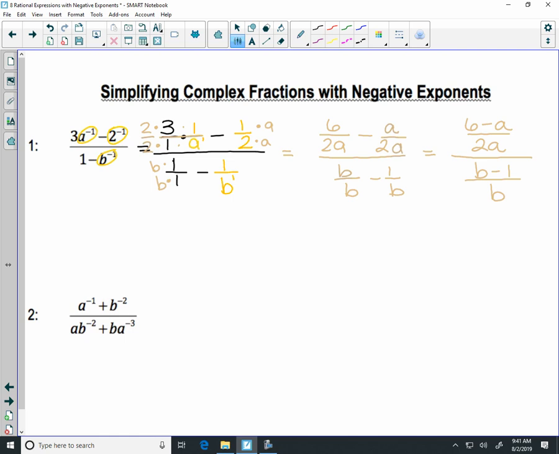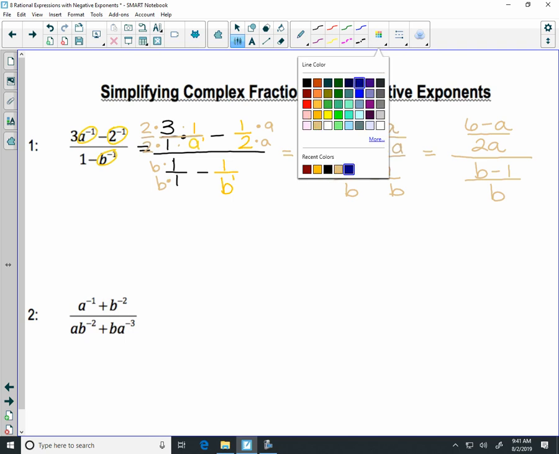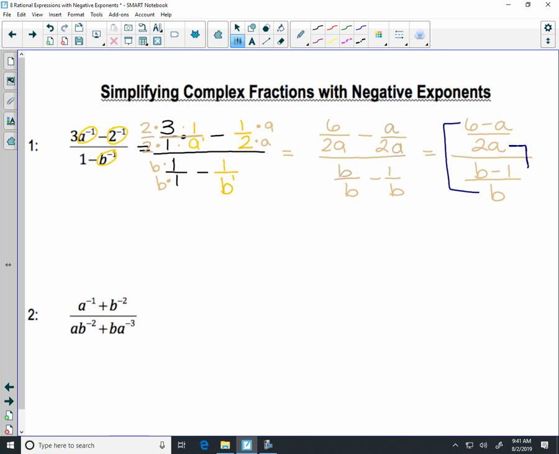From here, you're just going to work the complex fraction. I like leaving it stacked and doing this business that you've seen me do in class. If you flip the second and multiply, what you're flipping is that bottom fraction. But no matter which process you like, you will get this. So the top is going to be b times 6 minus a, and the bottom is going to be 2a times b minus 1.